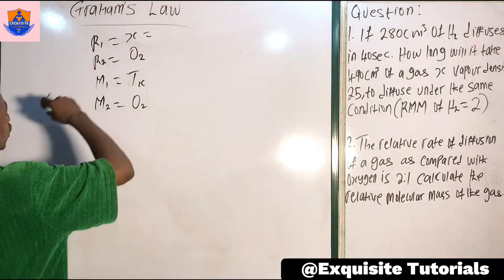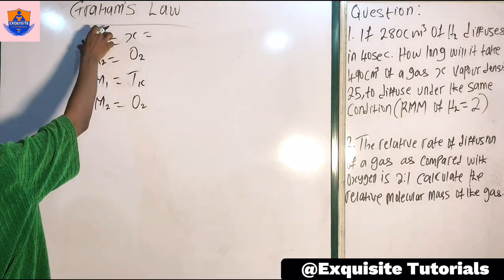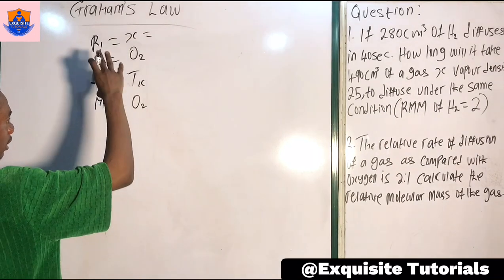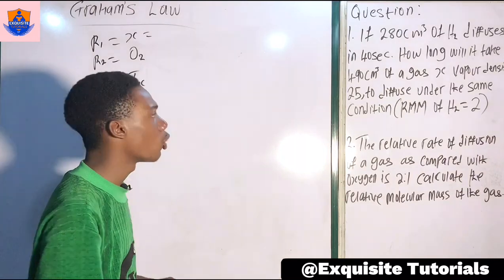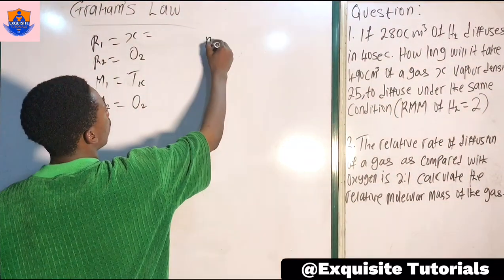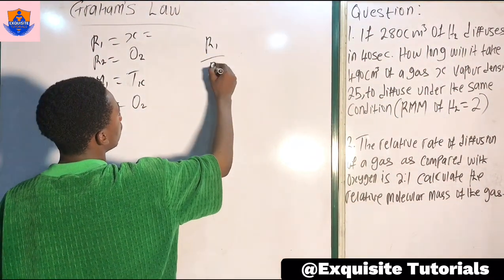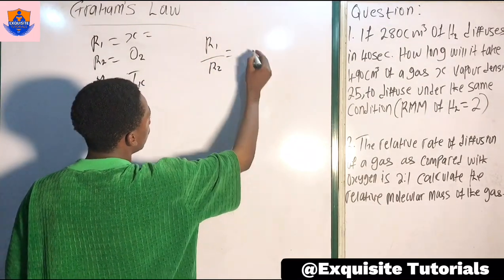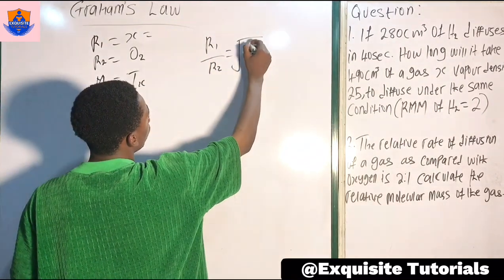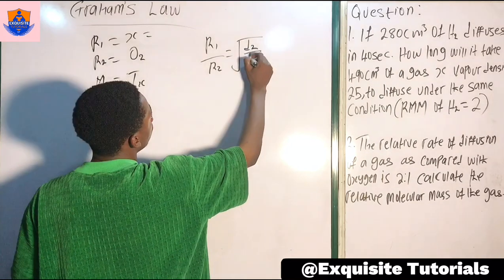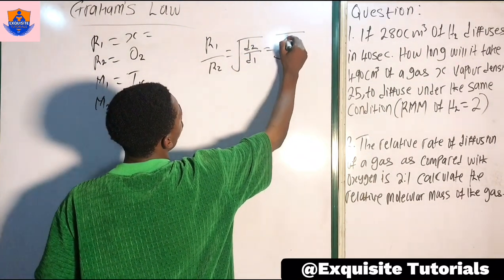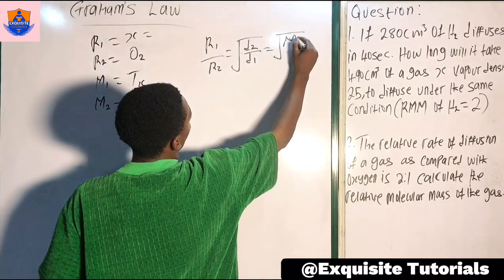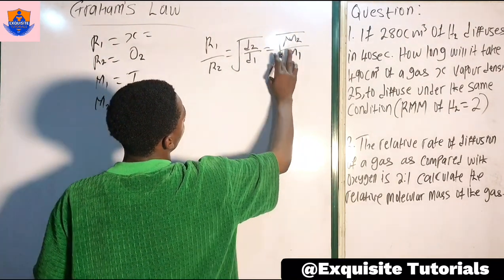Alright, so now since we are relating rate to molar mass, it is the first formula given, from the law given, that the rate of diffusion or effusion of a gas is equal to the square root of d2 over d1, which is equal to root m2 over m1.